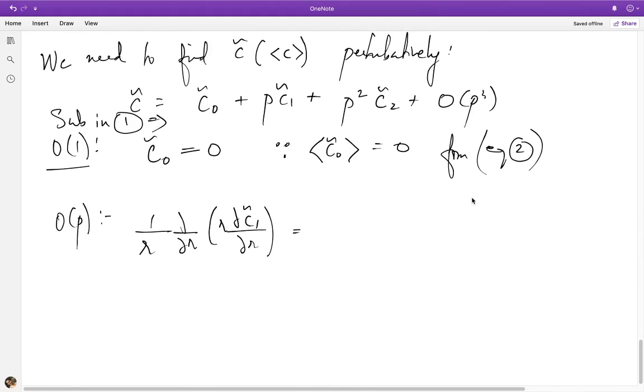I leave that as an exercise for you and just write out the result here. So at order 1 you'll only get u, all the c tilde naught contributions, this term is going to go to 0.